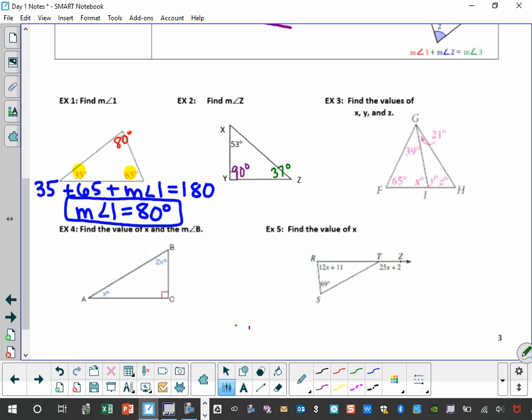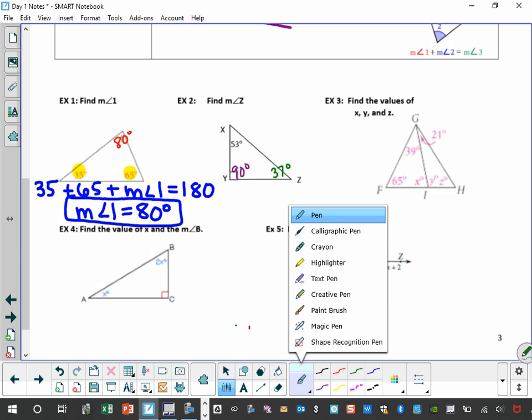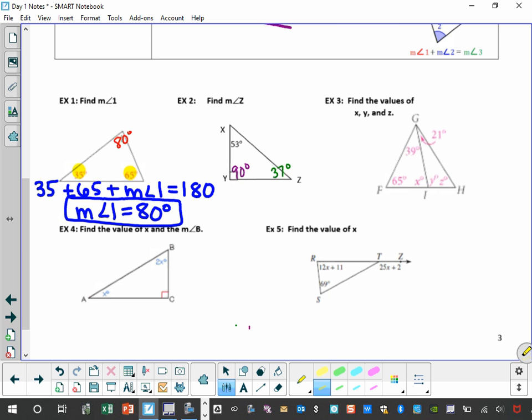All right, look at example 3. It says find the values of x, y, and z. Do you guys see that there's basically two triangles here? Technically there's 3, but we're going to split these up and look at one at a time. We need to figure out what's the easiest to solve for.